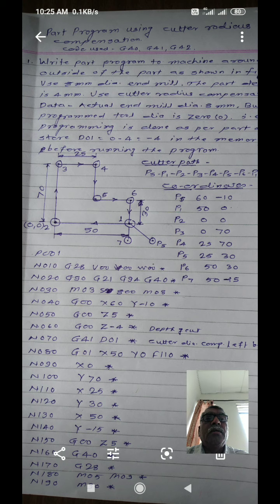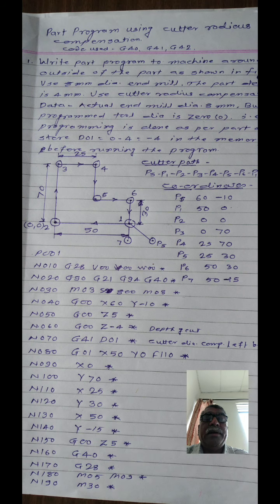Means there are different codes used for cutter compensation. The first code is G40, cutter compensation cancel, G41, cutter compensation at left hand side, and G42, cutter compensation at right.